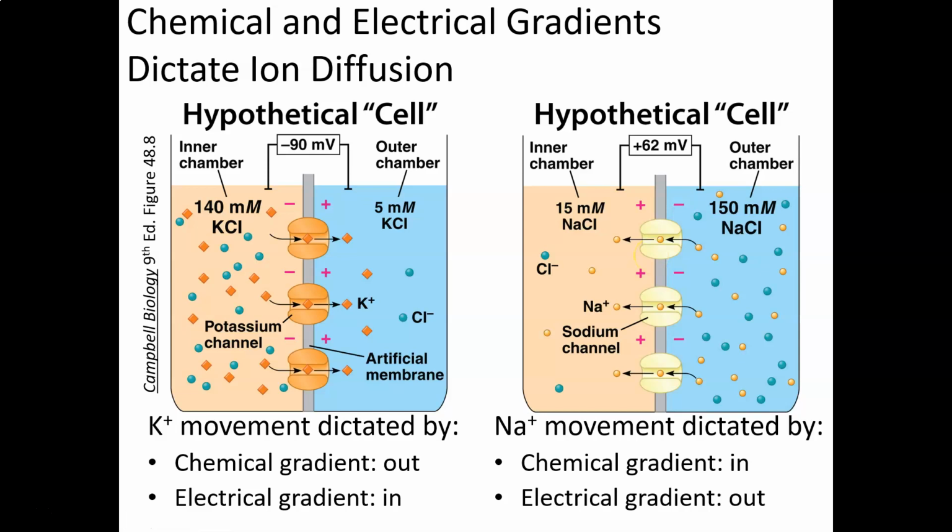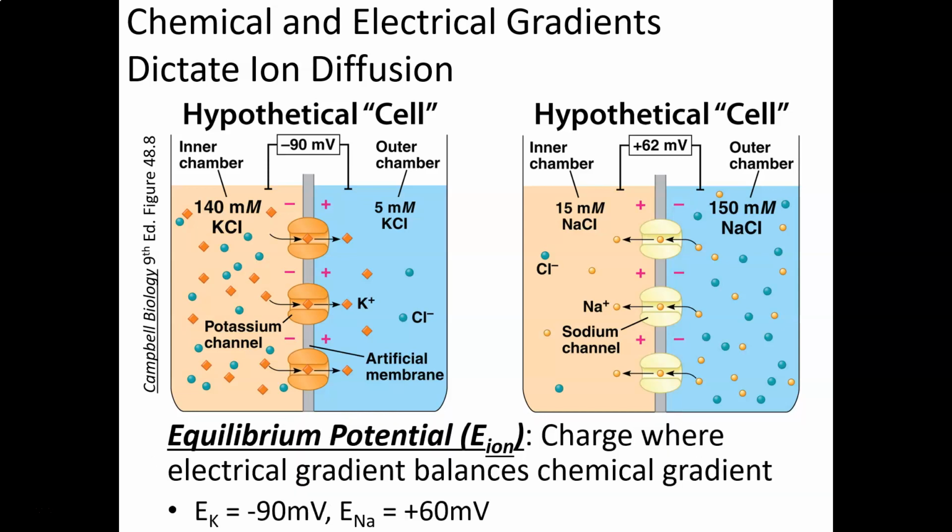60 millivolts. And again, equilibrium potential is defined as when a cell is permeable to one and only one ion, and the chemical gradient is equal and opposite to the electrical gradient, so there's no net movement of that ion. So again, two things to learn.